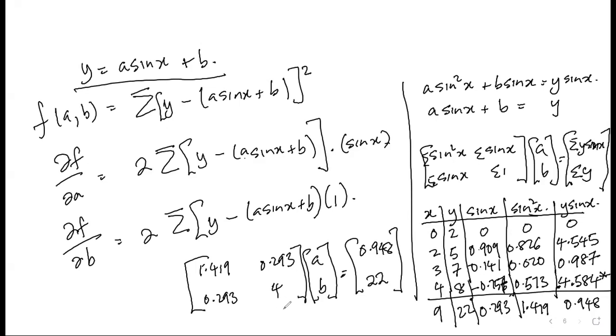All right, so once again, go to MATLAB. Sir, the last one, y sine x, that should be 6.056. Isn't it y times sine x? Yes, sir. That should be negative 6.056.